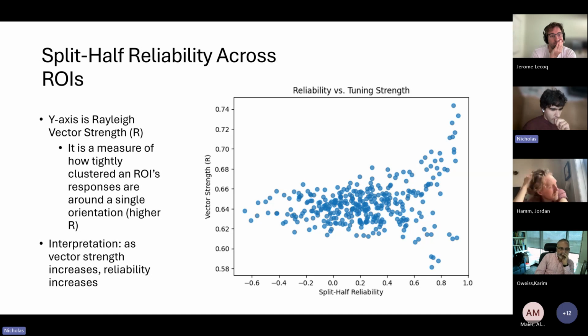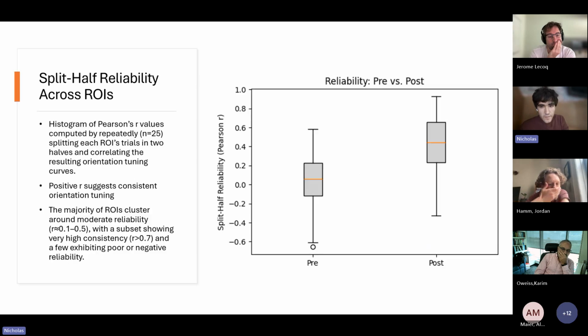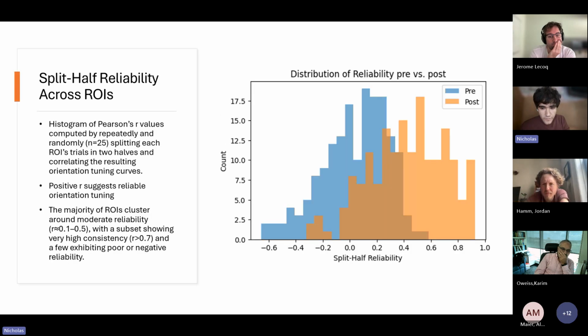But yes, to respond to Dr. Meyer's point, it does make sense to me that if you were to expose the mouse to, say, the 0-degree orientation a lot during the oddball block, you would expect that perhaps these changes are because of that.